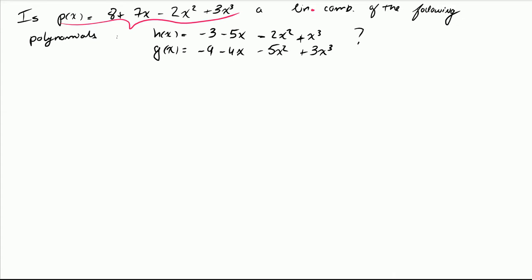In other words, I'm asking whether I can write p of x as a linear combination of h of x and g of x, i.e.